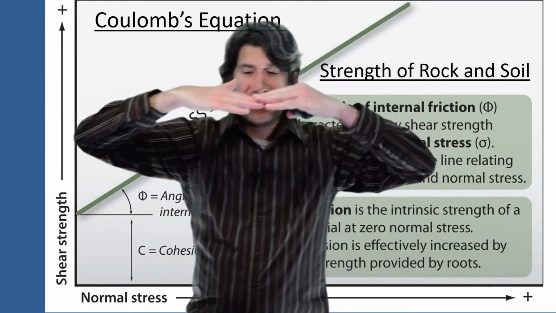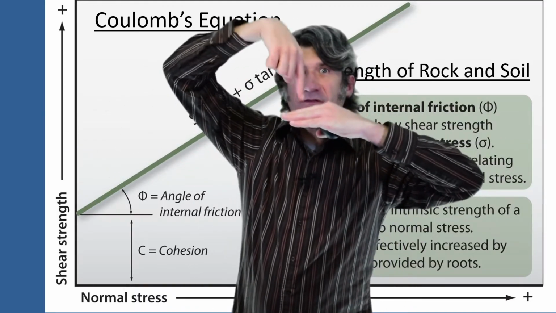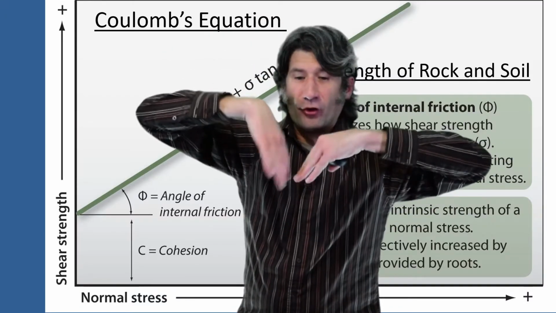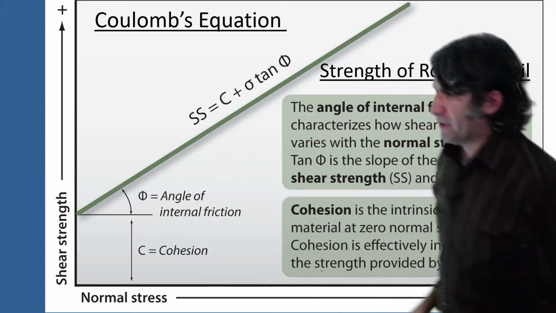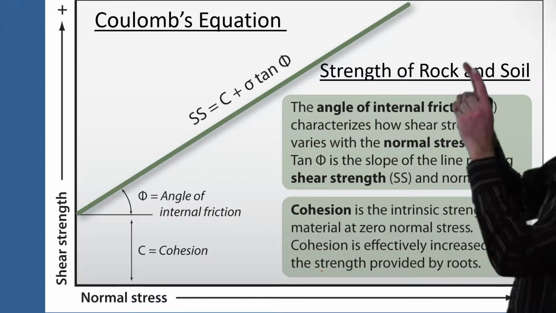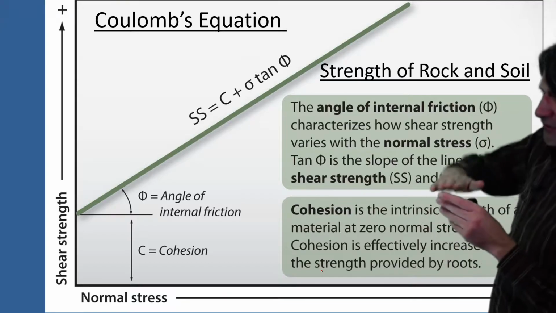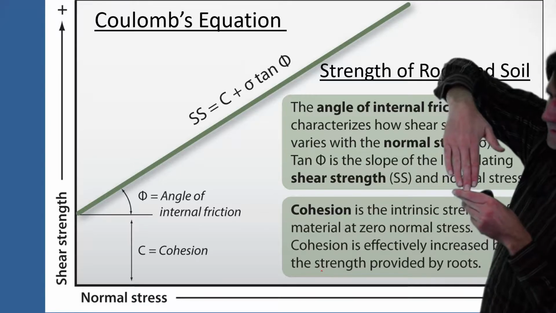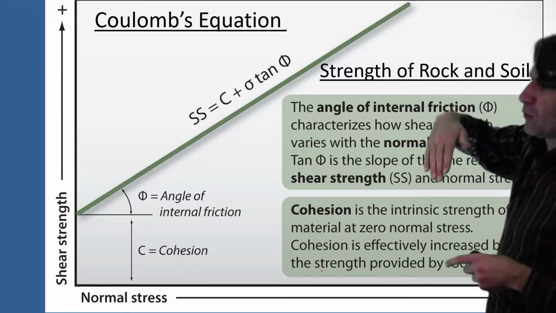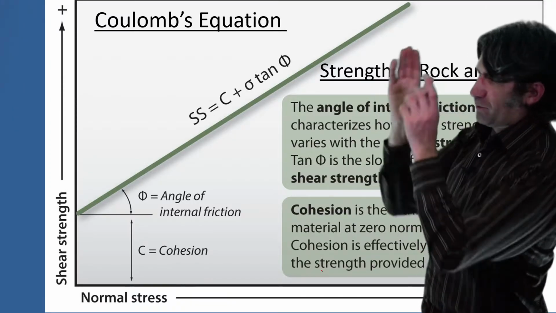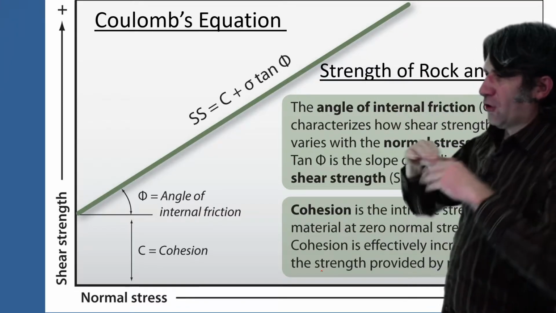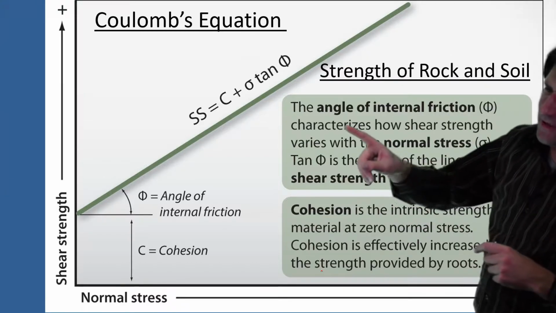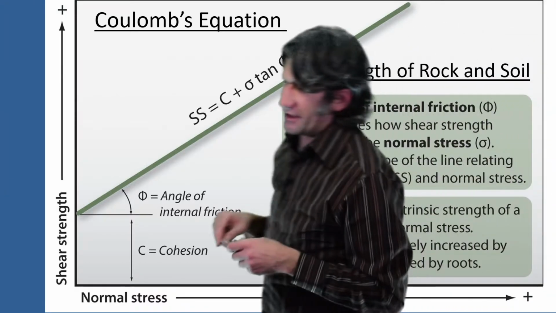If we've got a flat slope, we've got a lot of gravity acting on that slope, pulling it down and holding it in place. So in that case, we'd be over here, with a really high normal stress and a high strength of the material. But as we increase the slope of the material, we're going to have less and less gravity pulling the material straight down and holding it flat in place. Then we're going to be in that slope position, and we're going to be decreasing the shear strength of the material.